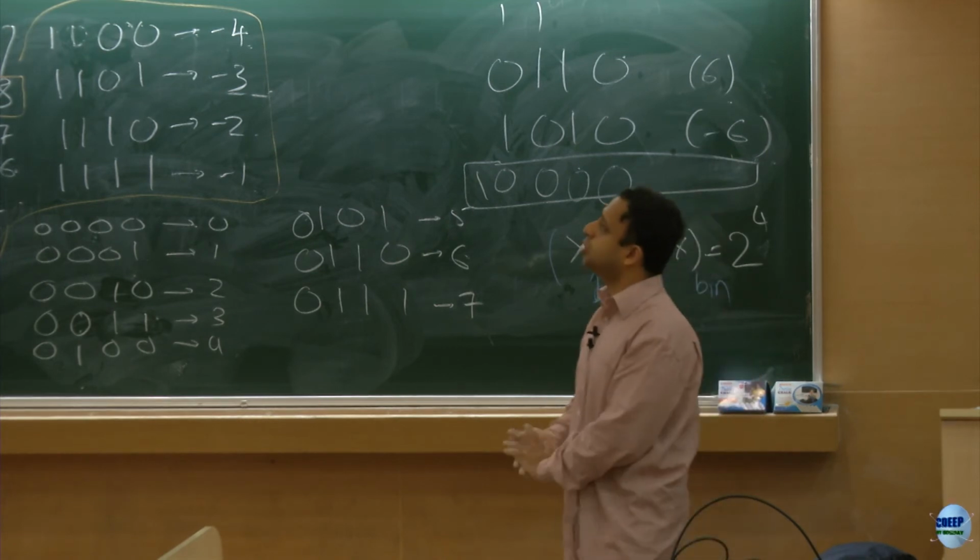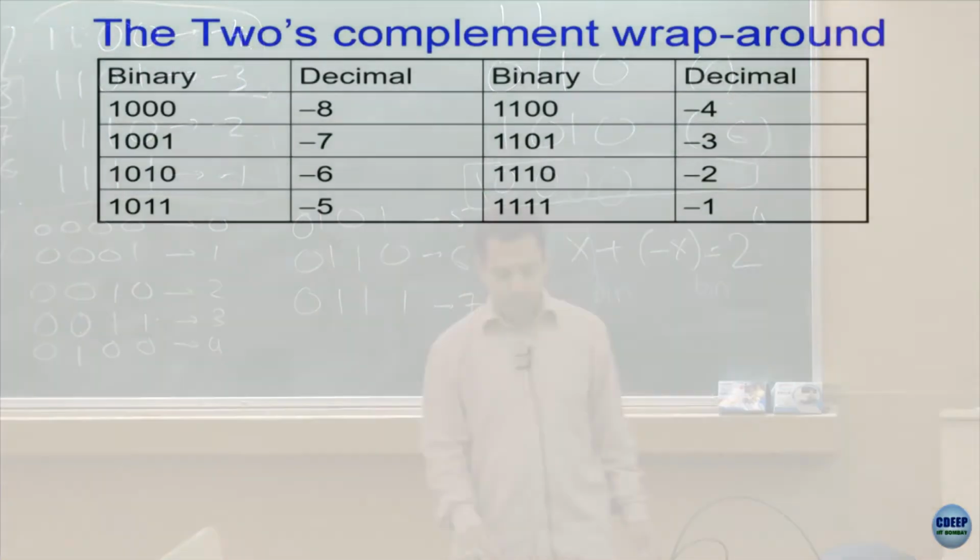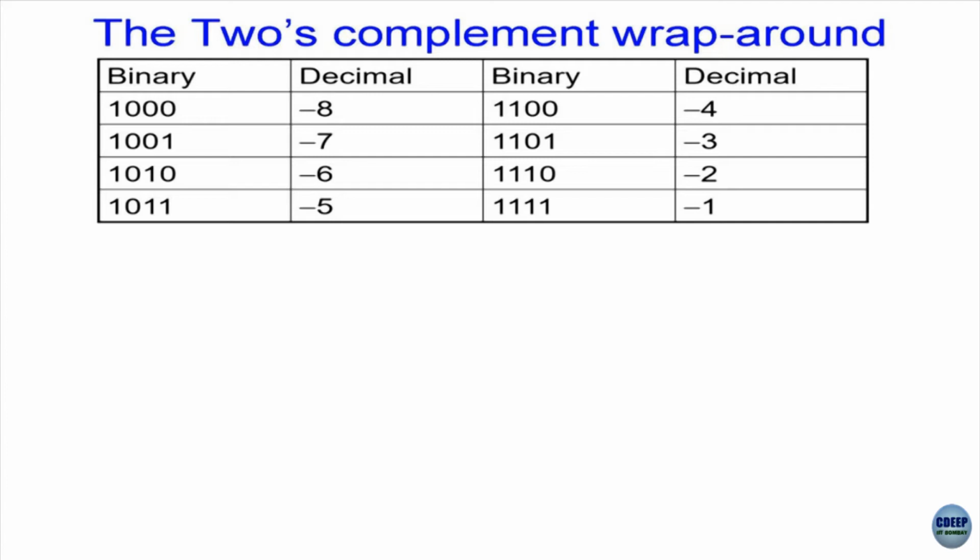Okay, so this is the 2's complement wrap around. Whatever we wrote on the board is summarized in the table, and you can verify two things. One is you can get the minus x representation from x using the 2 steps, and the other is that the representations of x and minus x sum up to 2 raised to n, 1 followed by n minus 1 zeros.